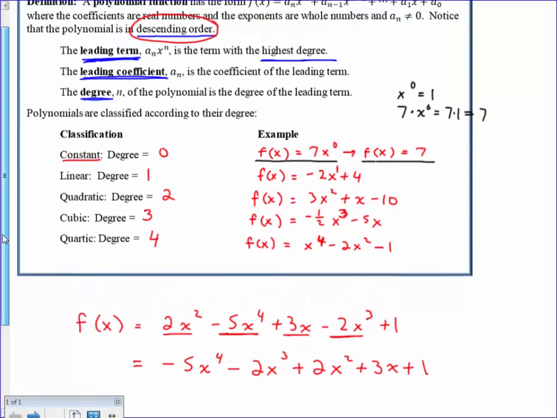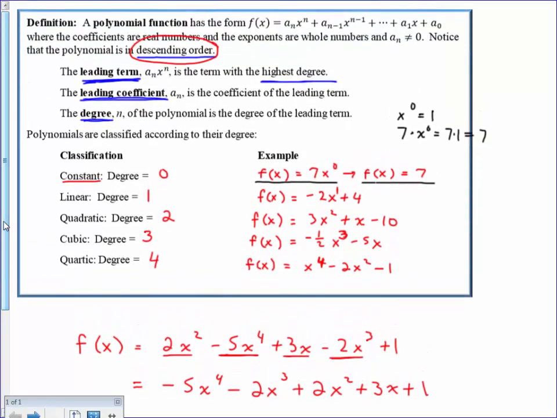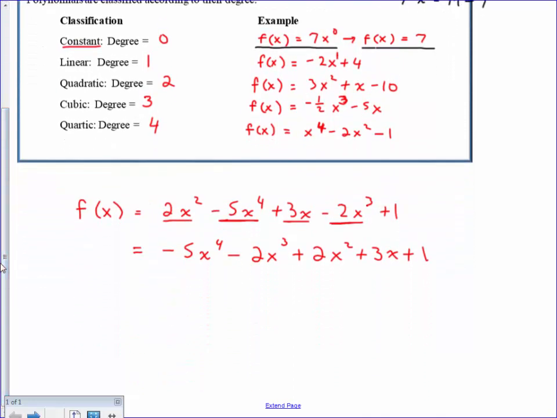The other thing that I'll specifically talk about is the leading term, the leading coefficient, and the degree for this example that I have below. So on this example, the leading term is defined to be this entire term that you have here. So leading term would be the term that has the highest power, which in this case is 4, but you take the entire piece.